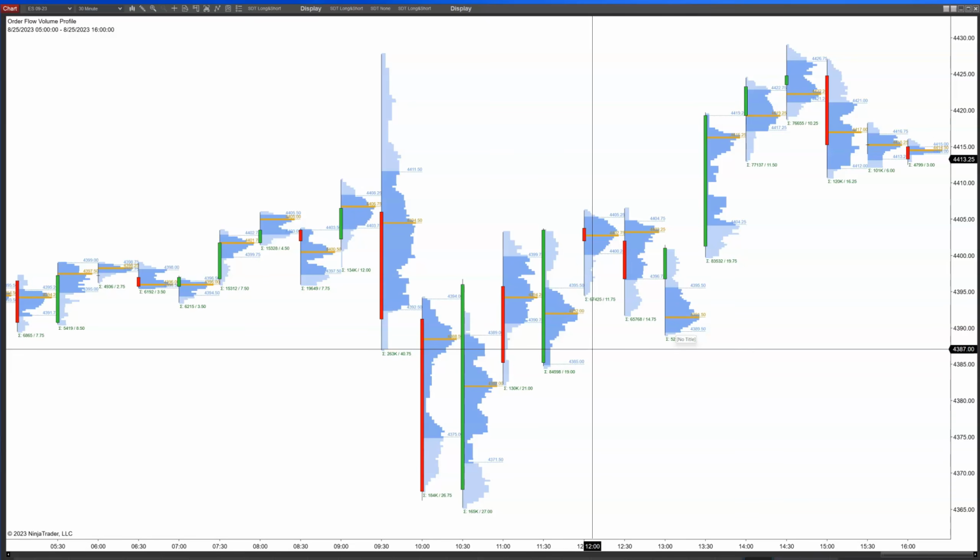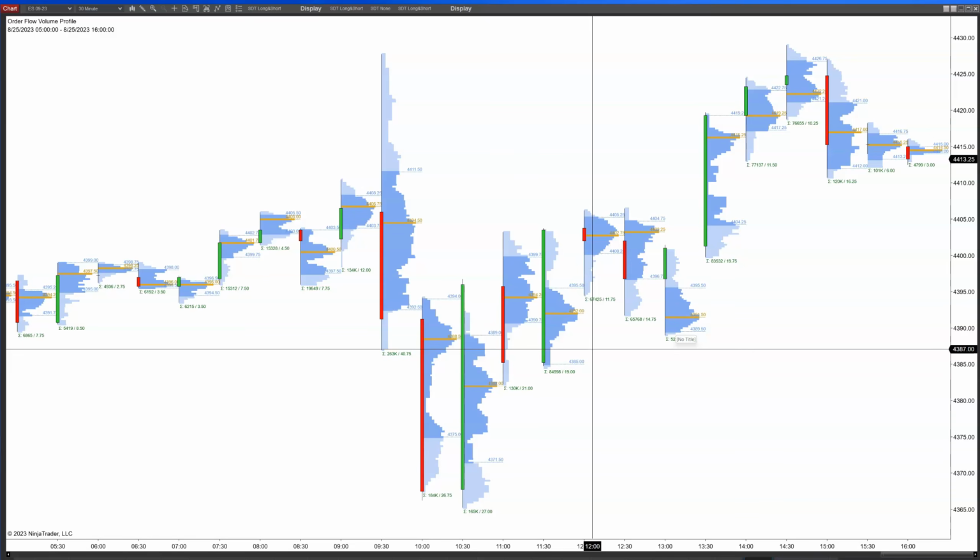Volume tends to be normally distributed across prices in liquid markets, and the mean and one standard deviation on either side captures around 70%, or 68% in a normal distribution.